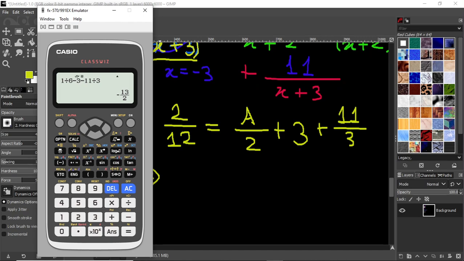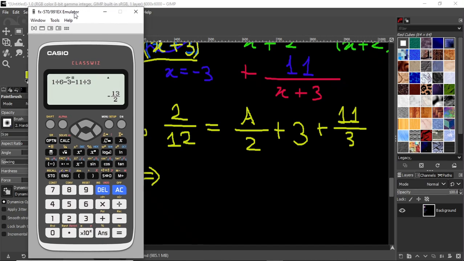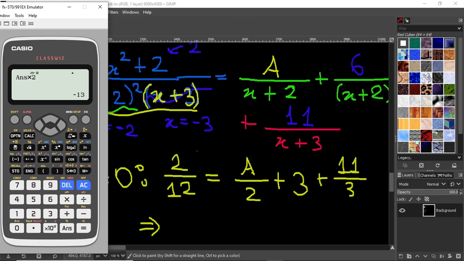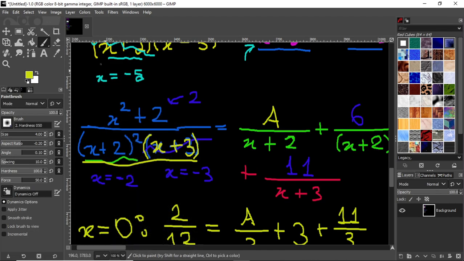Was this executed correctly? Multiply by 2, that gives me minus 13. Let me just check once if this is correct. This one is good, this one looks good.